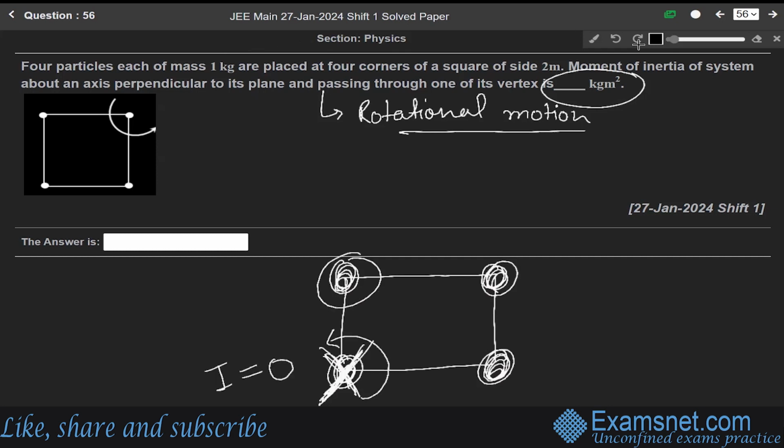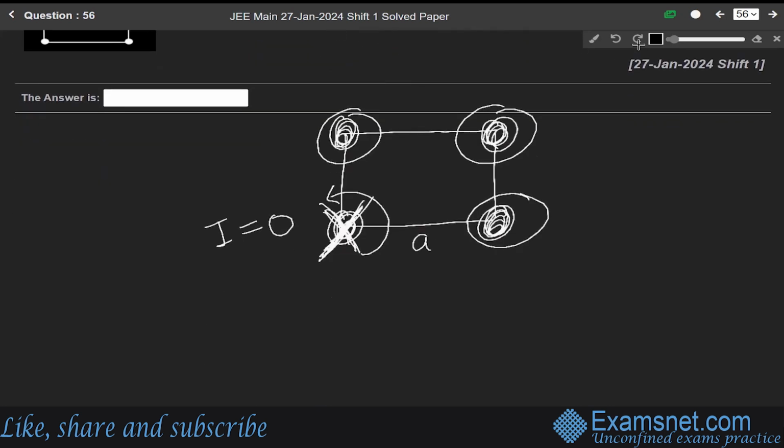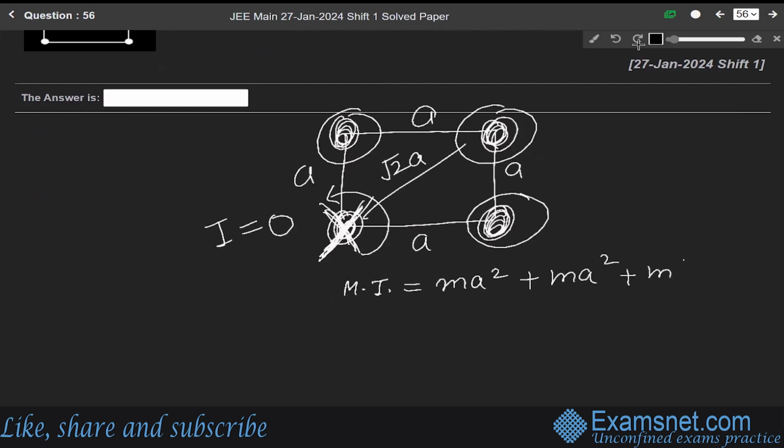So from these 3 corners, the total moment of inertia, if the side is, let us say, a, this distance will be root 2 a. So for this, the moment of inertia will be I equals m into a square plus m into a square plus m into root 2 a square.